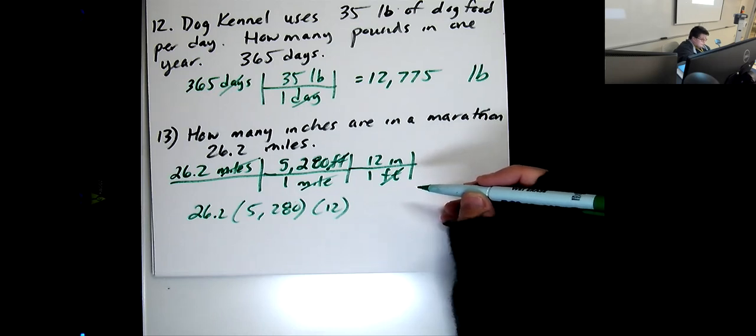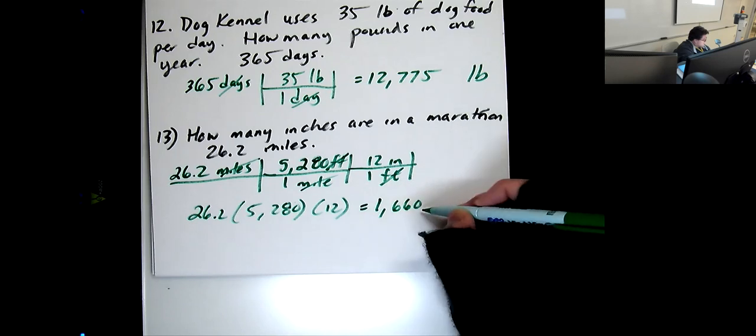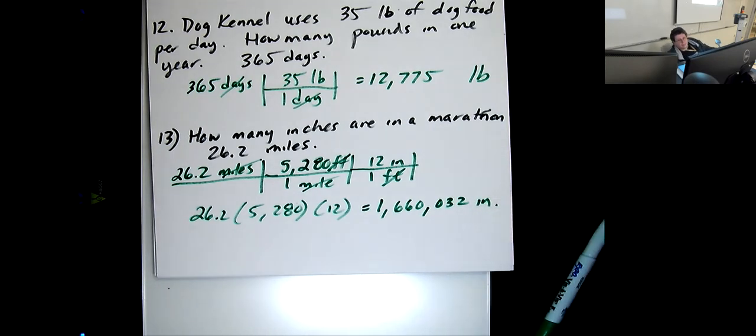God damn, that's a big number. 1,660,032 inches. All right, check me on that. Oh, you want to know it in decimeters. Let's see, there's 39 inches in a meter, right? That's what I went by.